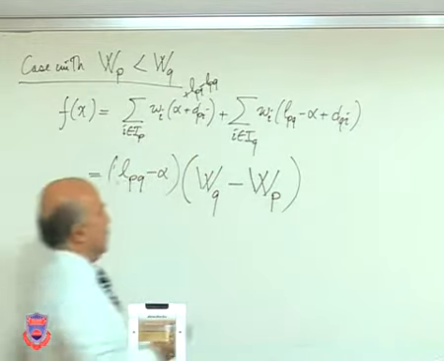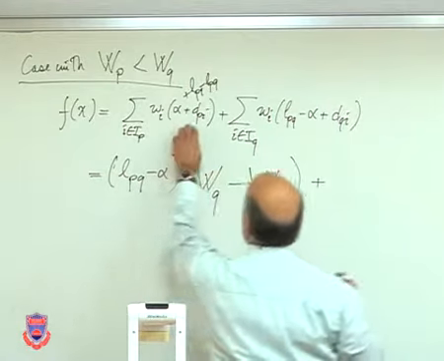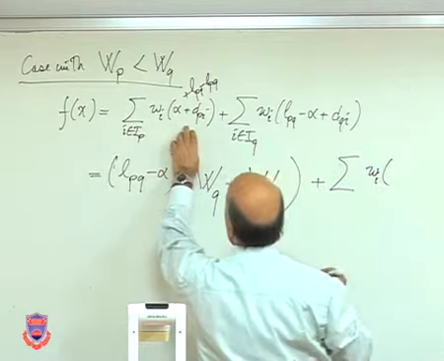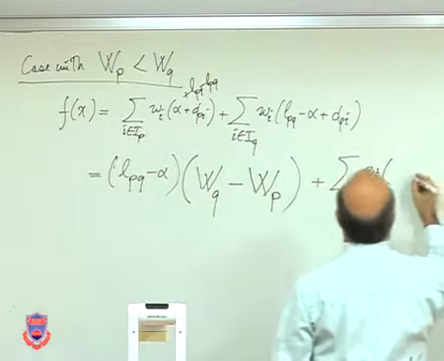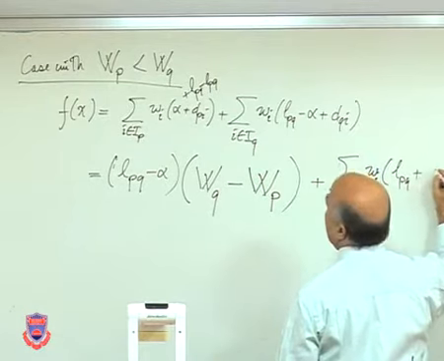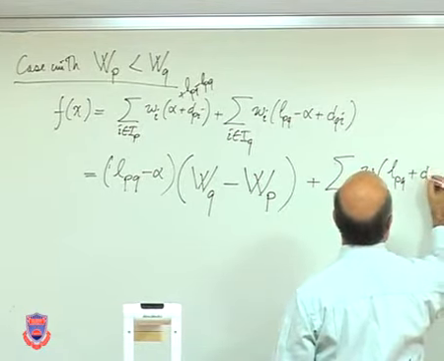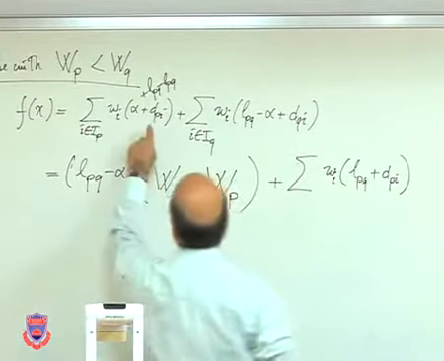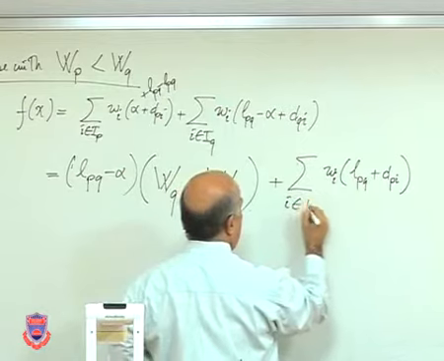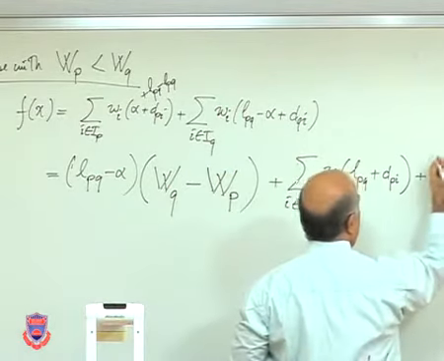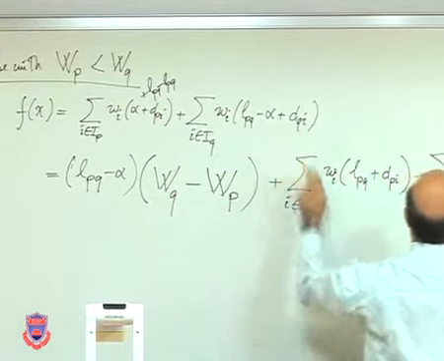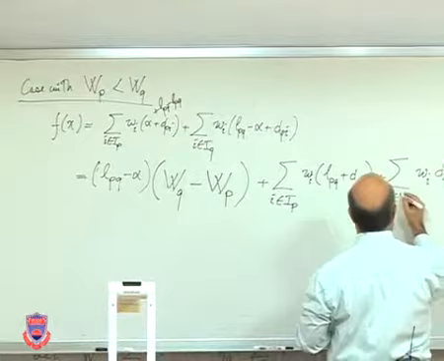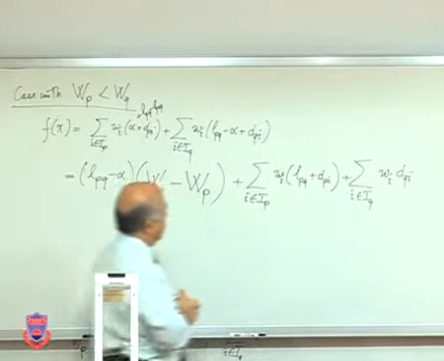Okay? Plus, we've got summation WI times LPQ plus DPI in the first one, plus I've got that one.